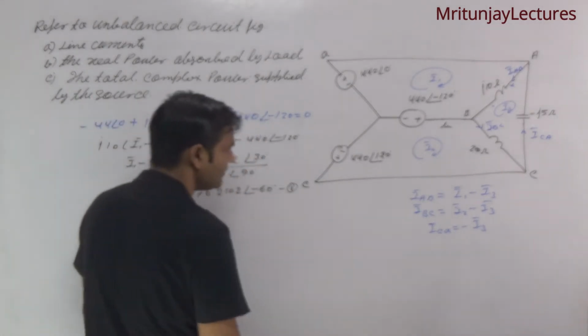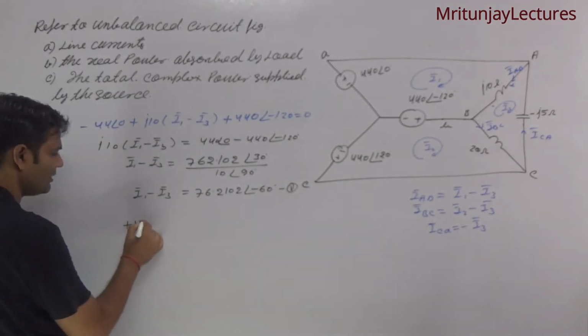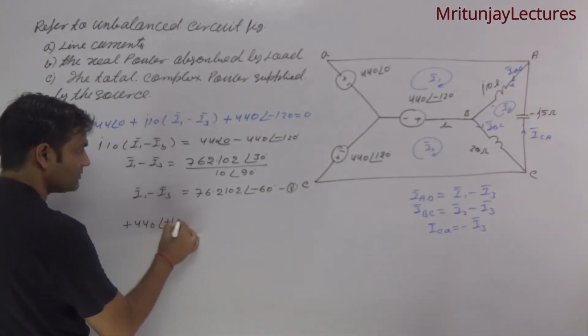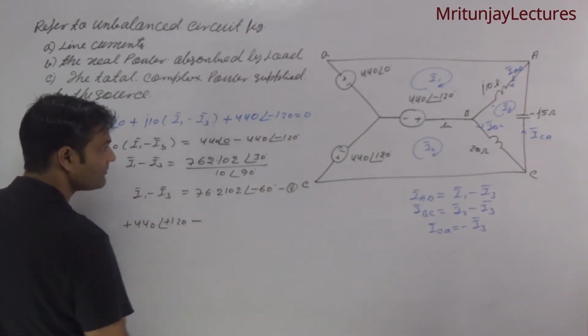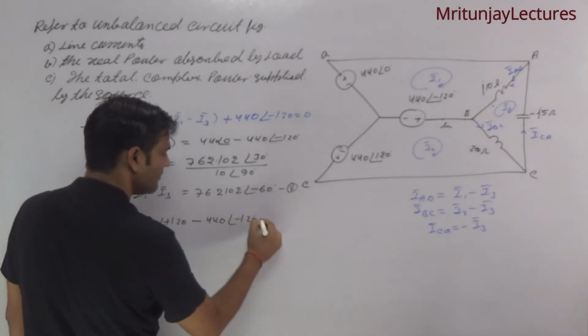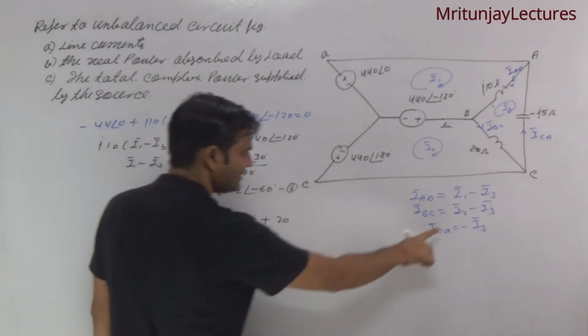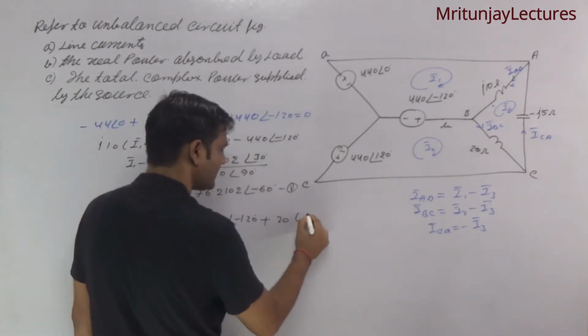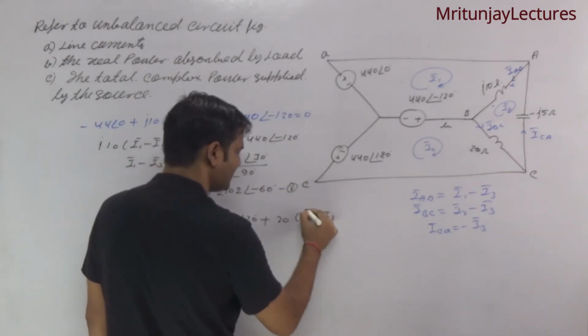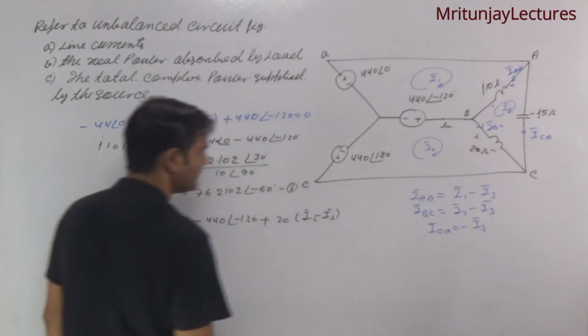Now apply KVL in loop number 2. Plus 440 at the angle plus 120 minus 440 at the angle minus 120 plus 20 into IBC. IBC is I2 minus I3, moving here to here, that's why.